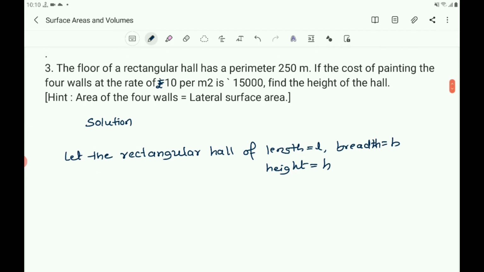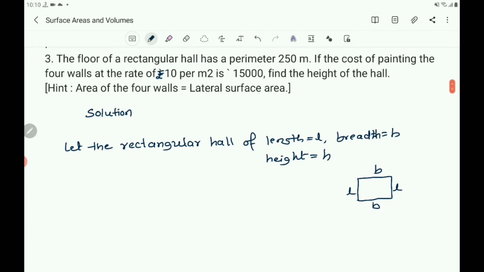The perimeter of the floor is given. If it is in this shape, a rectangle, if this is B and this is L, then the perimeter is 2L plus 2B.